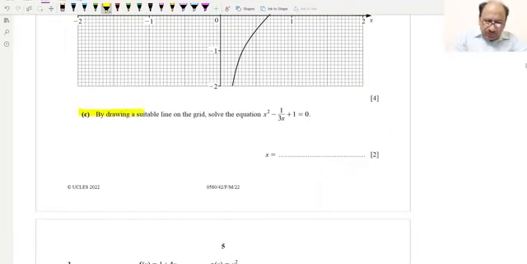What we have to do now, next part is by drawing a suitable line on the grid, solve this equation. If you compare, this part is our y, so our equation will become y plus 1 is equal to 0. Y plus 1 is equal to 0 means y is equal to -1.